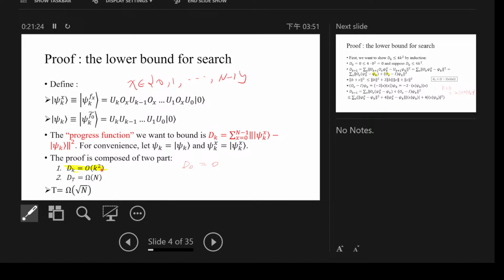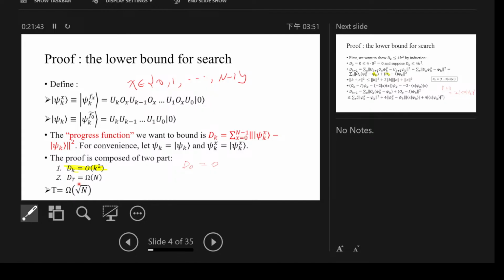Then there are two things that we actually need to prove. One is that Dk doesn't grow too fast, actually it grows quadratically. So Dk is order k squared, and both of these are true for any algorithm, so any U.